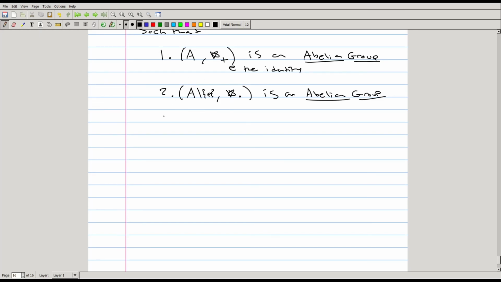And then the last thing that we have to have is distributivity of star dot with respect to star plus.